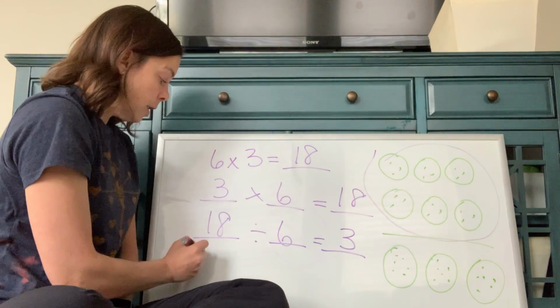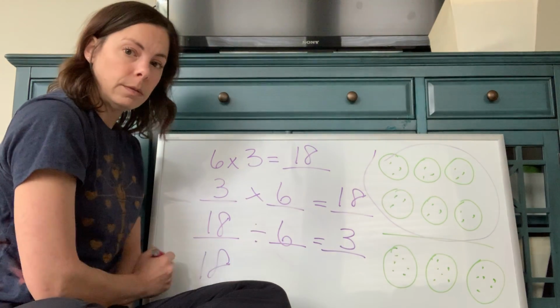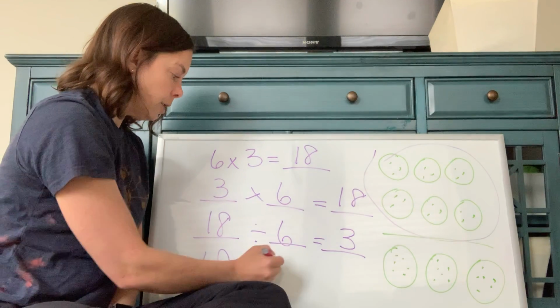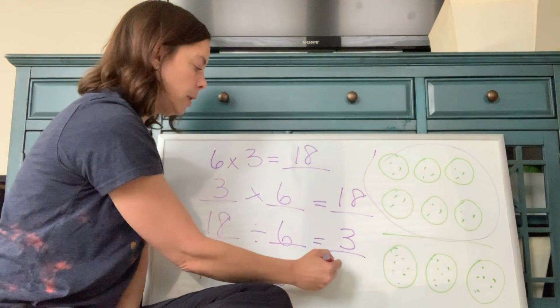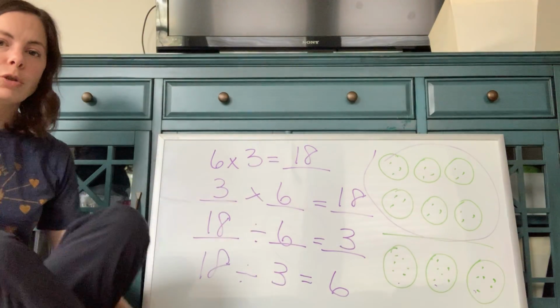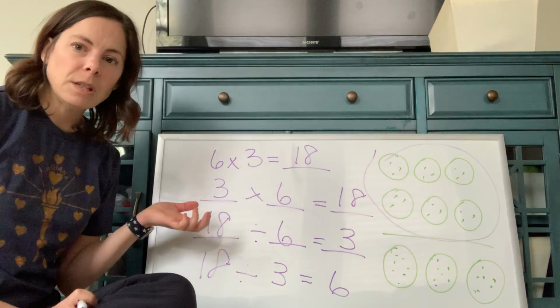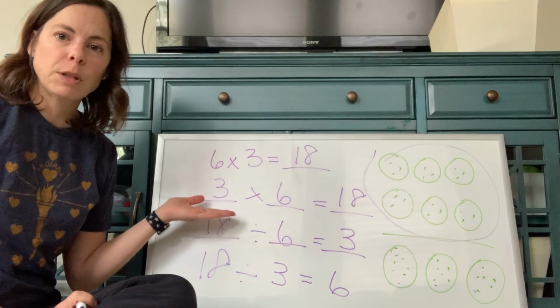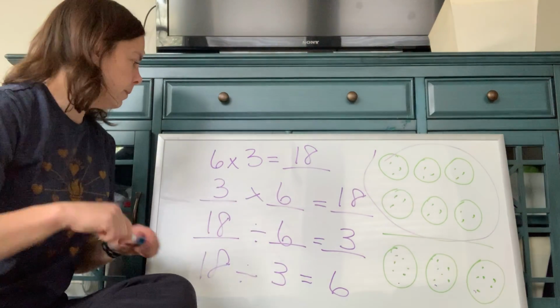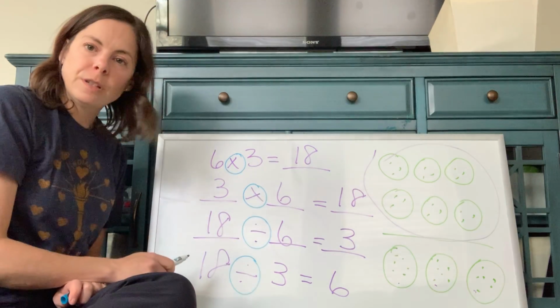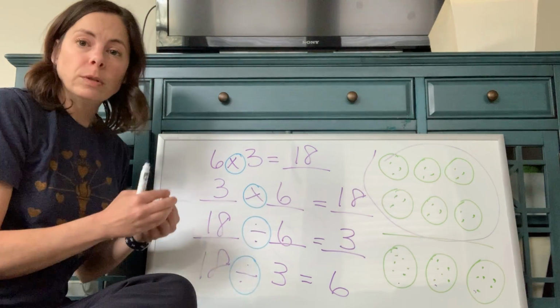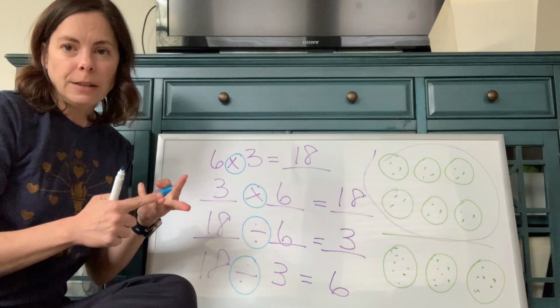But here, I divided 18 into 3 groups with 6 in each group. So this is the fact family for 6 times 3. 2 multiplications, 2 divisions, but only the numbers 3, 6, and 18.